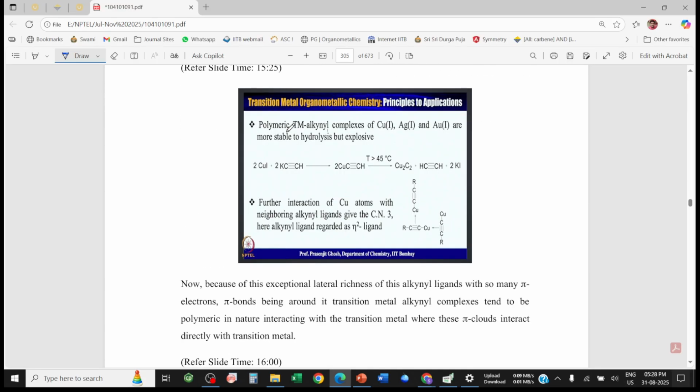Here you can see the transition metal alkyne complexes. Alkyne complexes are highly explosive because they undergo hydrolysis. You can see that if copper iodide reacts with the potassium salt of acetylene, it will give you the copper acetylide complex.